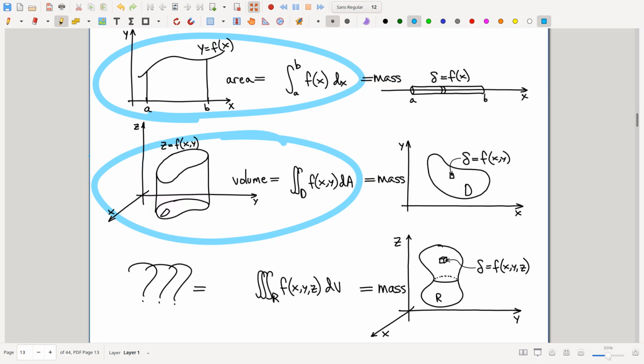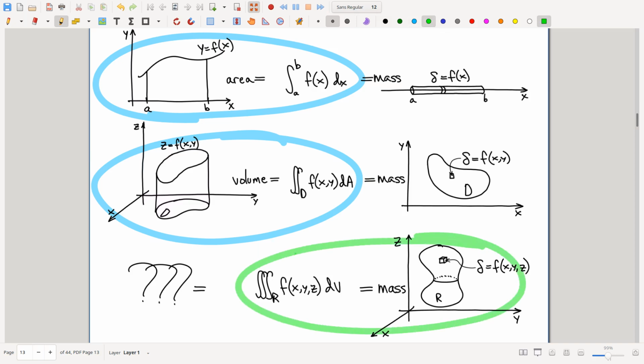If you insist on thinking about single variable integrals this way, double integrals that way, and then for lack of better options, thinking about triple integrals this way, you're going to notice pretty quickly that mysteriously sometimes a three-dimensional picture is a double integral and sometimes it's a triple integral.